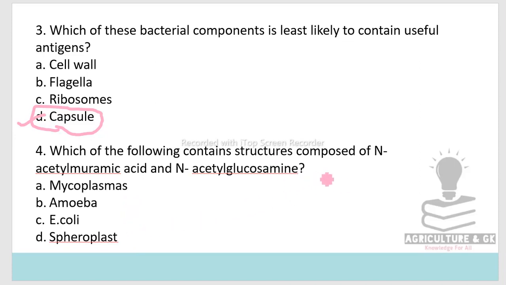It is E. coli or Escherichia coli. So our answer will be option C, E. coli. E. coli contains the structures that are composed of N-acetyl muramic acid and N-acetyl glucosamine. So our answer will be option C.